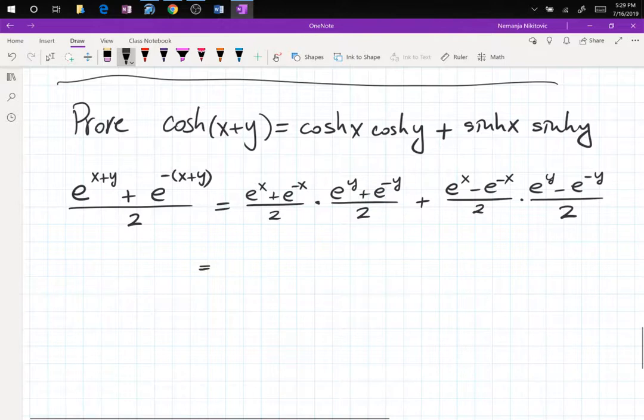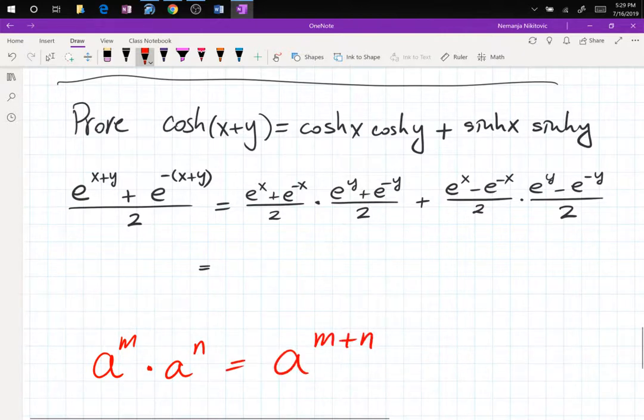So e to the x times e to the y. Please remember, here I'll write it in blood, a to the m times a to the n is a to the m plus n. This is basic algebra 1. So when I multiply e to the x times e to the y, I get e to the x plus y, which is, woohoo, right there.